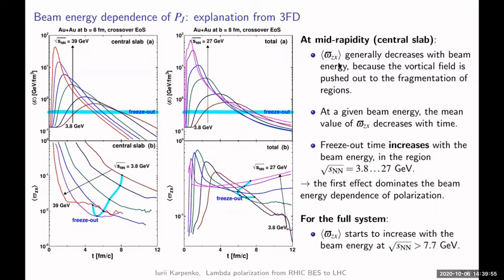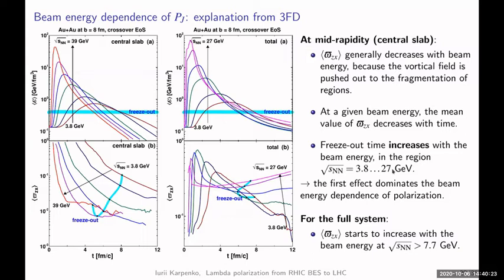Then there is also this other factor that at a given beam energy, the vorticity decreases with time. So basically the same explanation as I was showing in the first place. And then there is also the next factor that the freeze-out time increases with beam energy, but actually only from small energies up to 27 GeV.